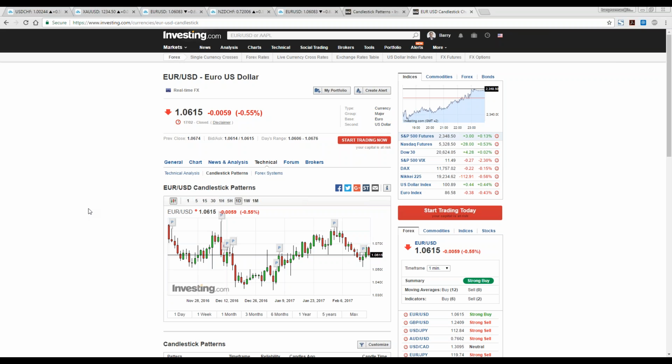Okay, so first, let's talk about how you can find the candles. Because today there are all types of apps you can buy. There are all types of things you can put onto your charts. But investing.com has made it really easy for you. They just launched this a couple months ago, not even 2 months ago, I don't think. And it's just a candlestick pattern recognizer. You can customize it all you want.